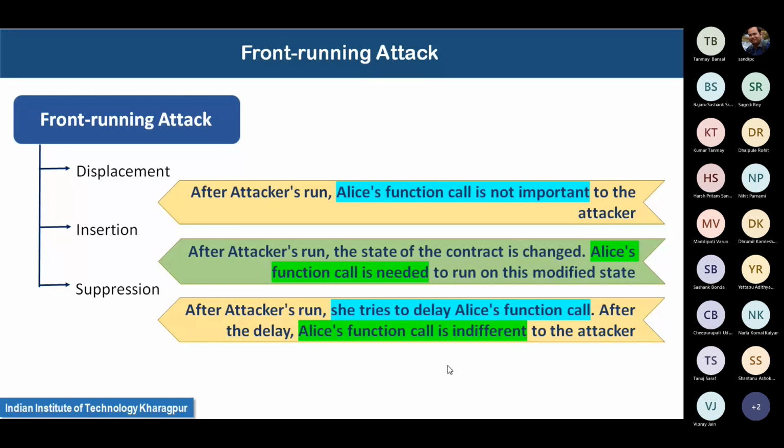So what happens is that had Alice's transaction got executed when it is trading at 100 Litecoins per Bitcoin, then Alice would have actually paid 100 Litecoins to get one Bitcoin, because assume that there was no fluctuation in between. The maximum price Alice was willing to pay was 105, so if she got it at 100, she would have been happy. That was the state, at 100, in which Alice's function should have executed if nothing had happened.